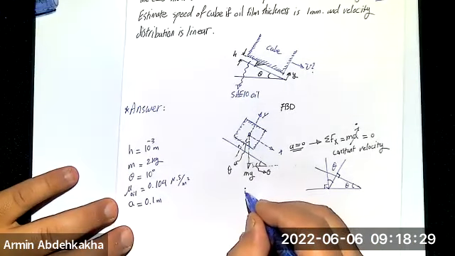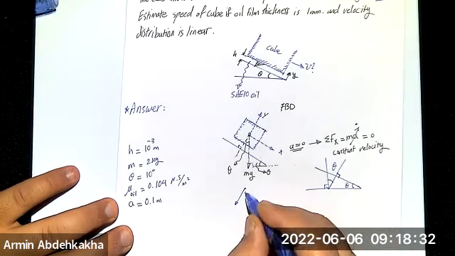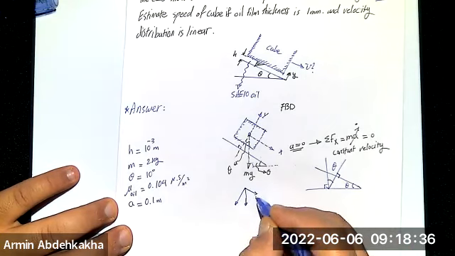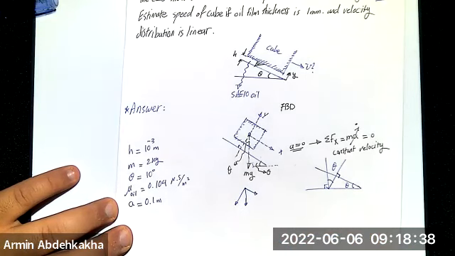So here is the force of mg, and that's it. So if we put the name here as F2 and this one as F1, is it right to write that F1 is mg sine of theta and F2 is mg cosine of theta?